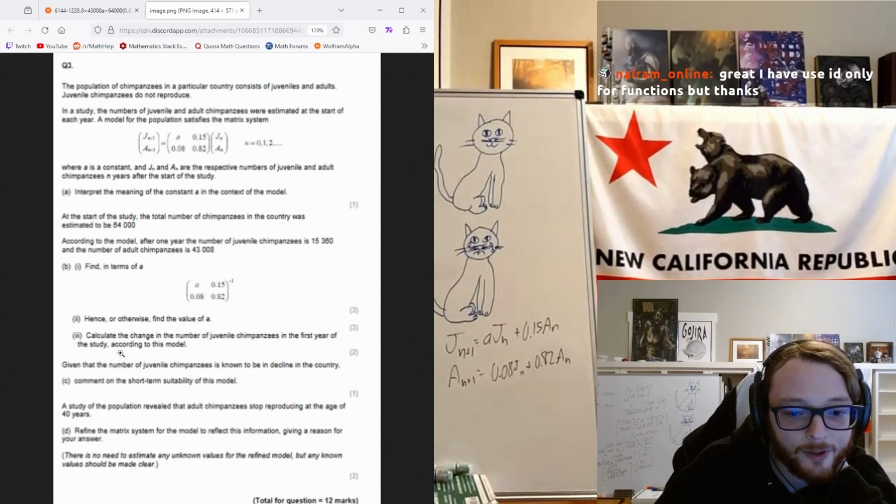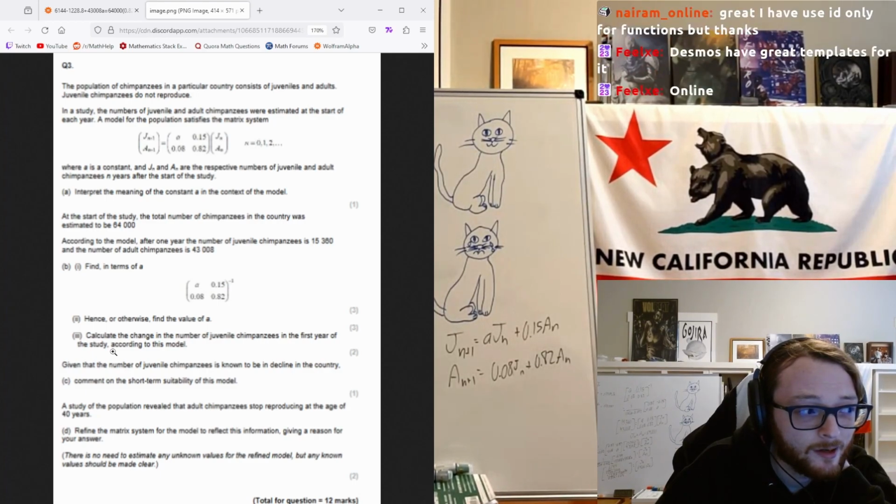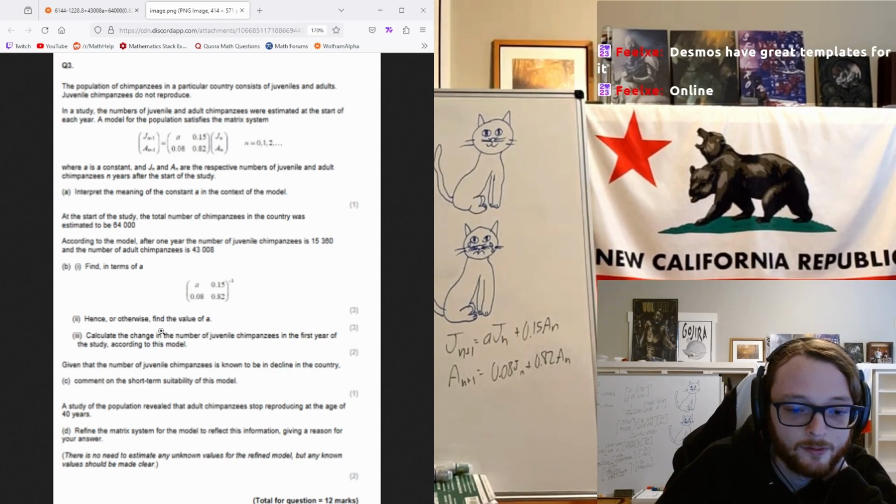Okay, so part 3. Calculate the change in the number of juvenile chimpanzees in the first year of the study. Oh, Desmos has templates for it? Okay. Yes, Desmos is my other option. I assume it'd be a little bit harder to do it, though. But if there's templates, that might just make it easier. Change in the number of juvenile chimpanzees in the first year of the study according to this model.